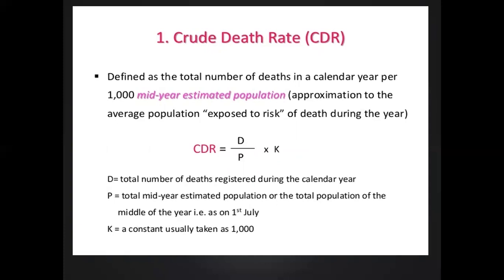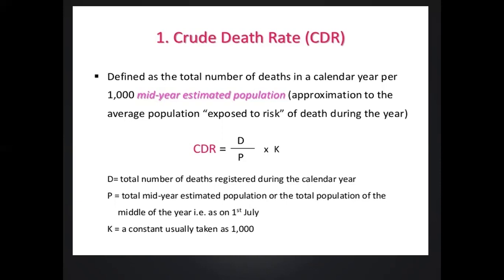Crude death rate CDR equals D by P into K. Here D equals the total number of deaths registered during the calendar year and P equals the total mid-year estimated population, that is the population as on 1st July.